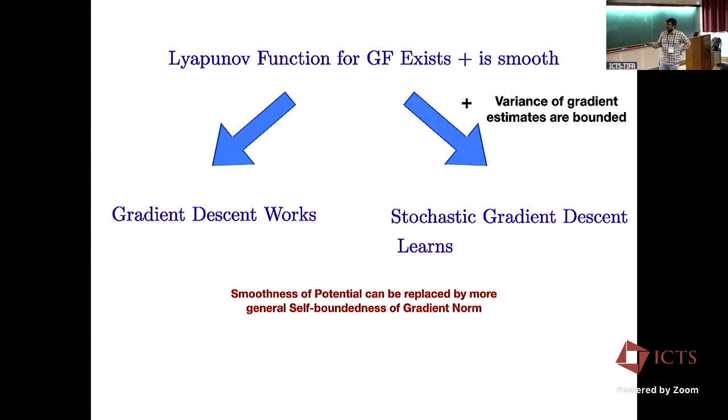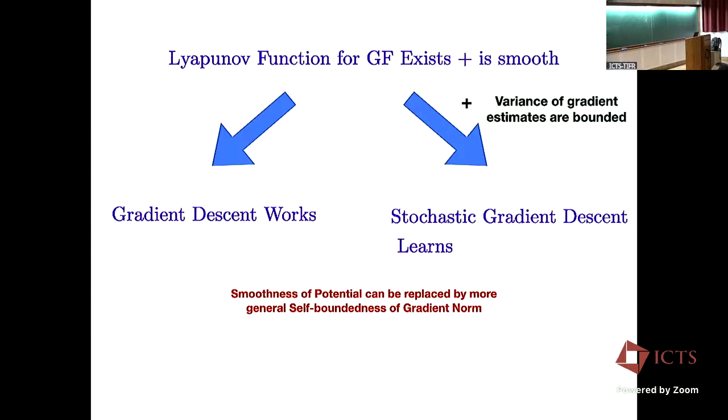And again, as I mentioned here, I assumed that the potential was smooth and that my function was Lipschitz. You can lift both of these to this notion of self-boundedness of gradient norm. Basically, it says that the norm of the gradient is upper bounded by some monotonic function of f.